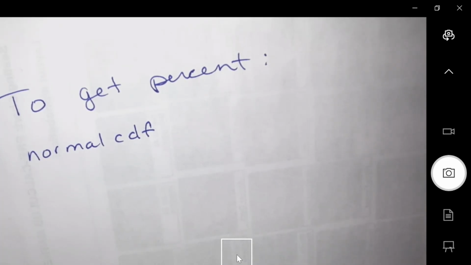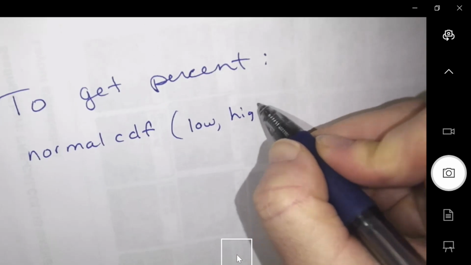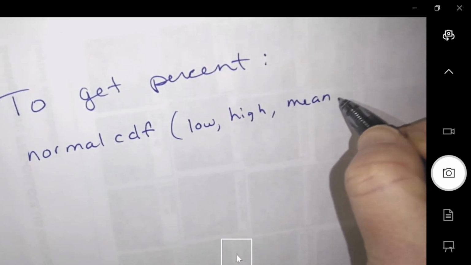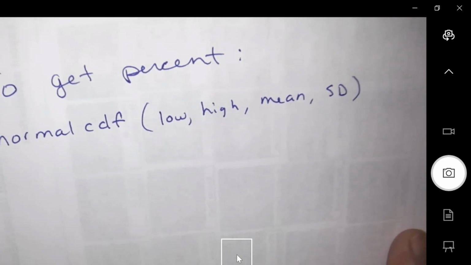To get the percent, have you written low, high, mean, standard? To get a percent, that's what you use.